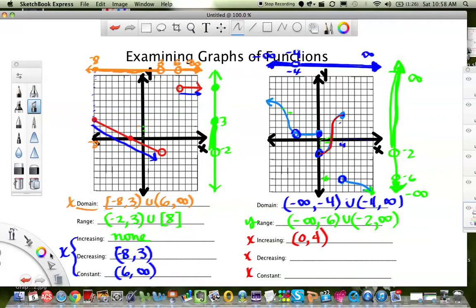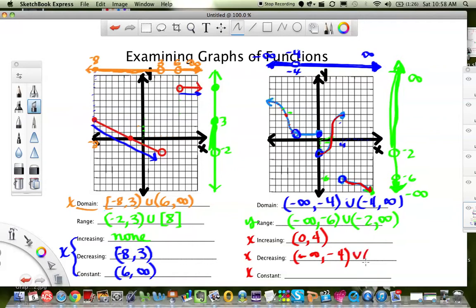And where is it decreasing? I'm reading it left to right, remember, from here to, so negative infinity to negative 4. And then it starts decreasing again down here.